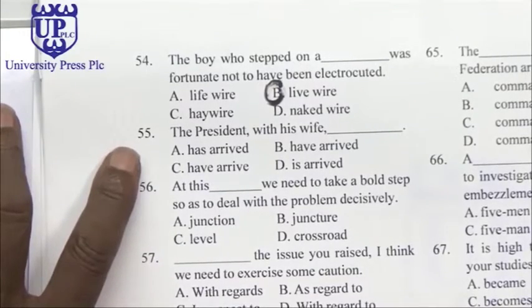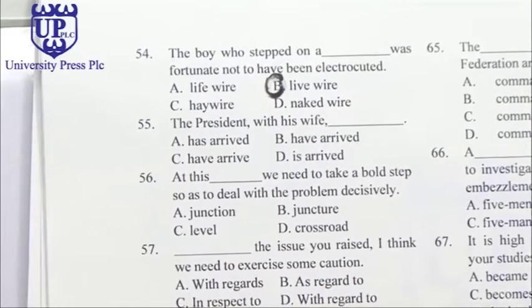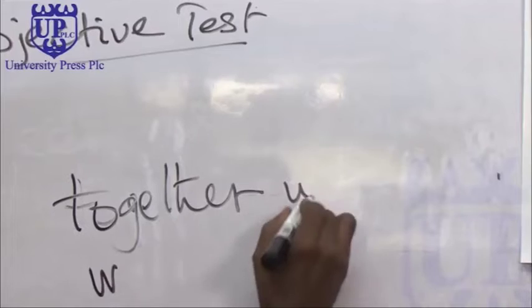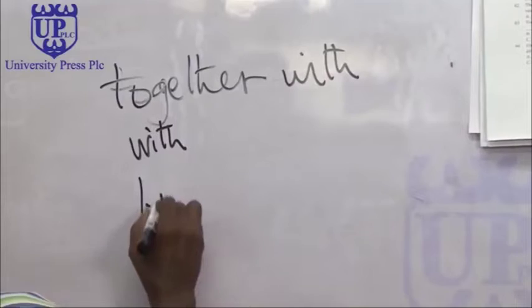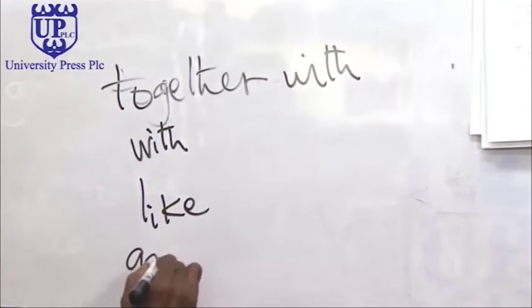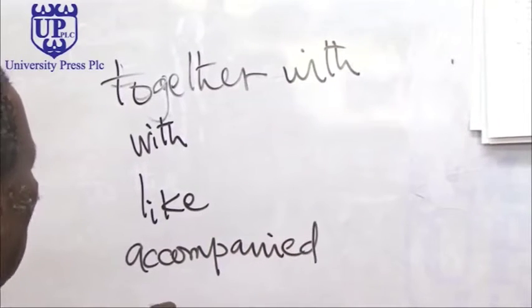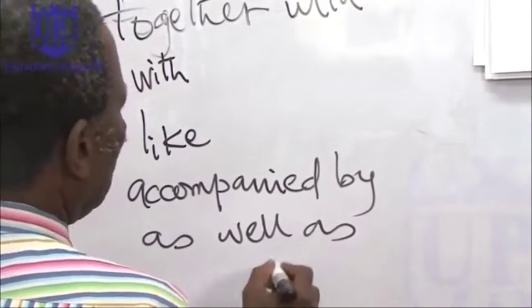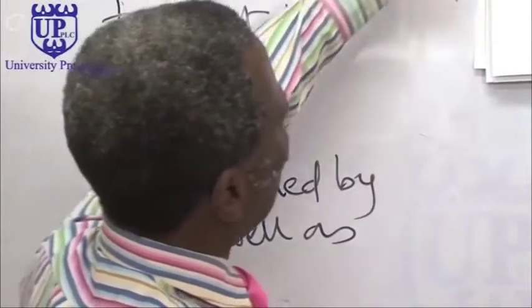Number 55 now. The president with his wife. Remember we said when we have this expression together with, like, accompanied by, as well as, the verb must agree with the first subject mentioned, right?